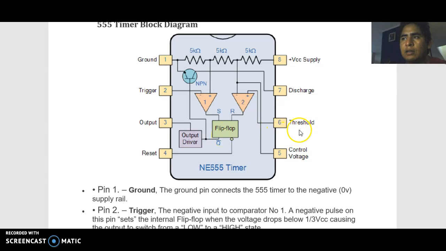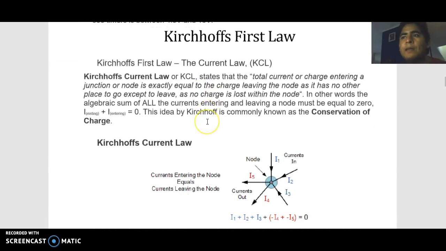The threshold is very important because it works inside with the second comparator. The discharge only discharges the transistor inside the device, and the eighth is the supply.